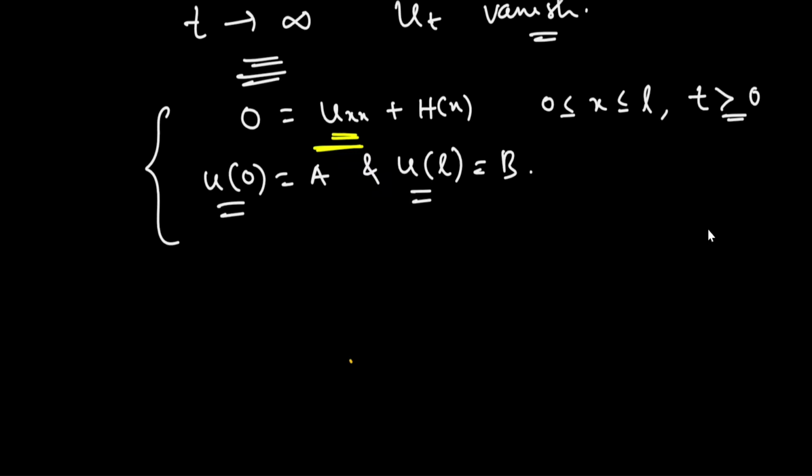So we can solve it easily by using these two boundary conditions. We just solve this ODE to get the solution, which is a good way to tackle the inhomogeneous heat equation.